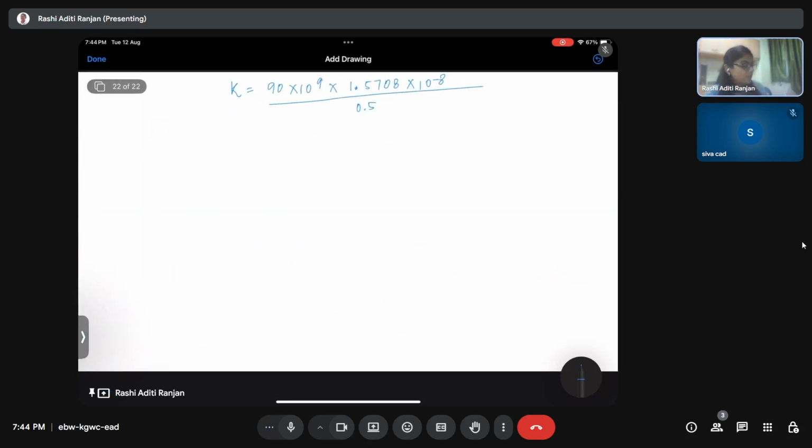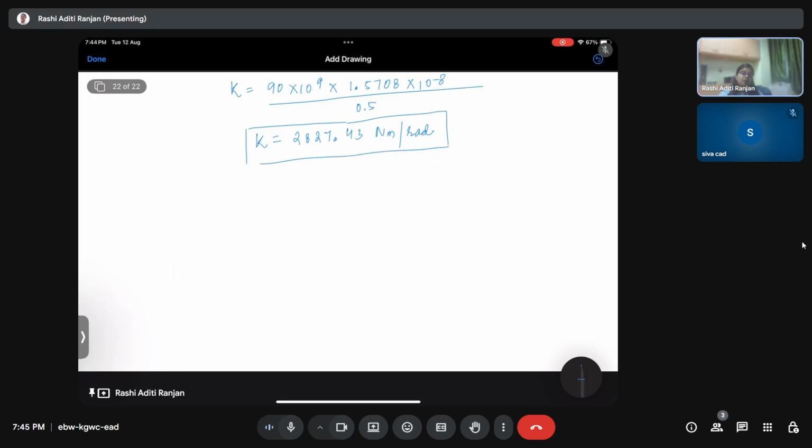So when we do all the calculation, this K value turns out to be 2827.43 Newton meter per radian. Now I have the value of K, and this is going to be the effective stiffness itself.